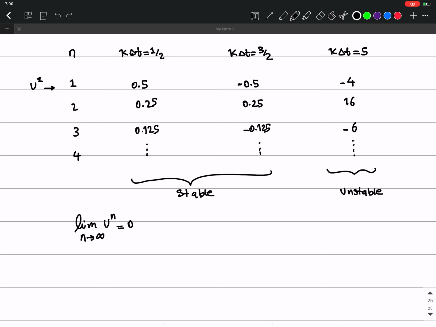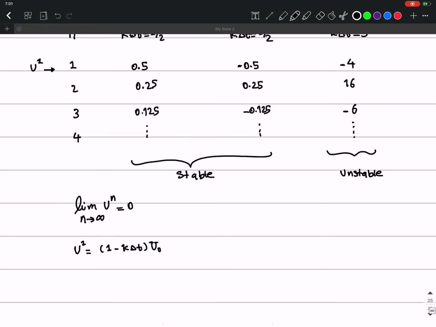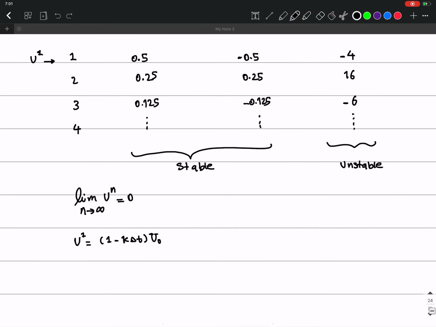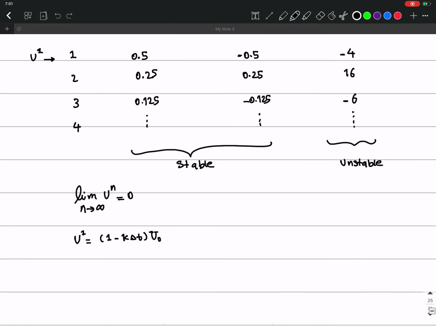Okay, so u_1 equals (1 minus kappa delta t) times u_0. Okay, this is u_1 based on the forward Euler method. I just wrote the forward Euler method.